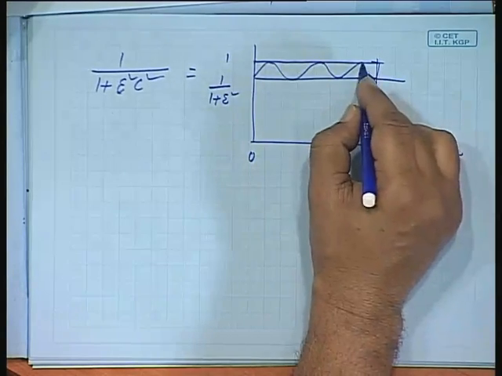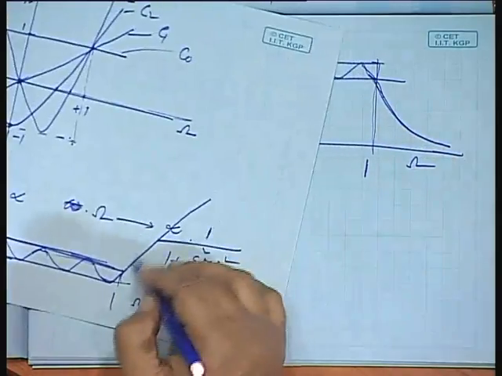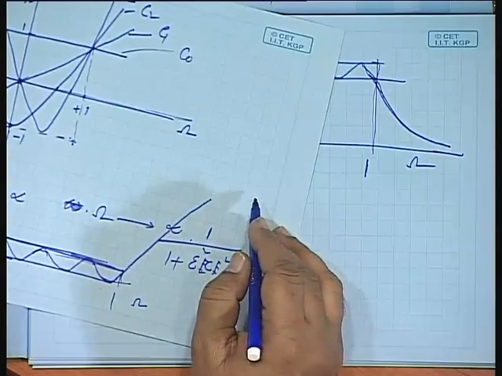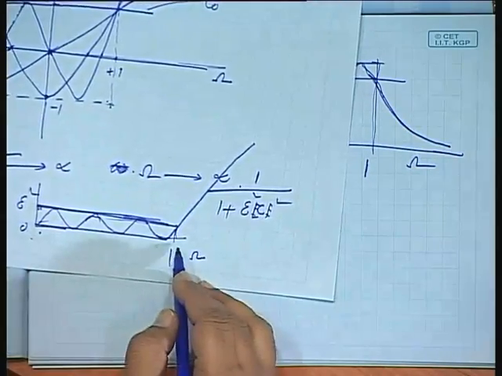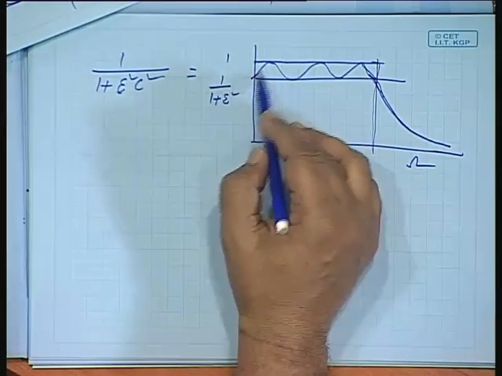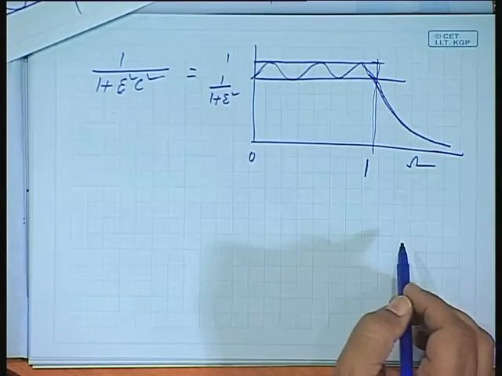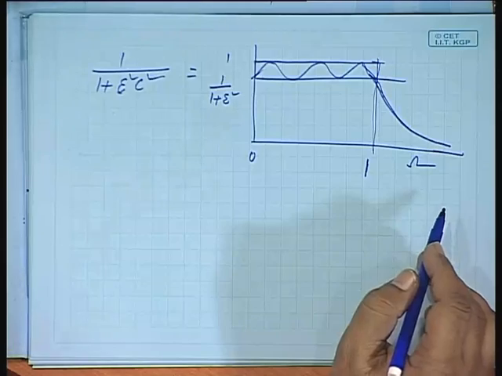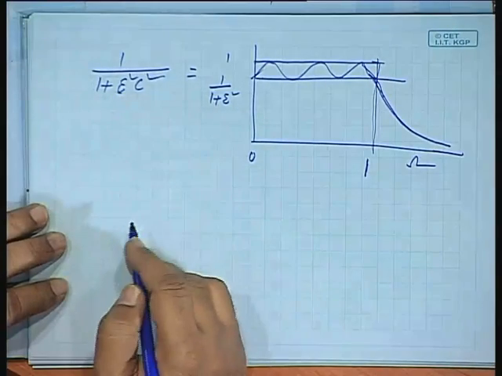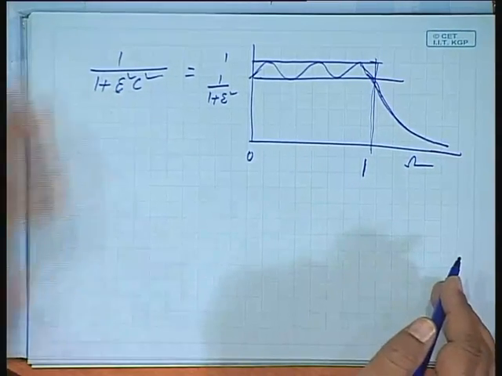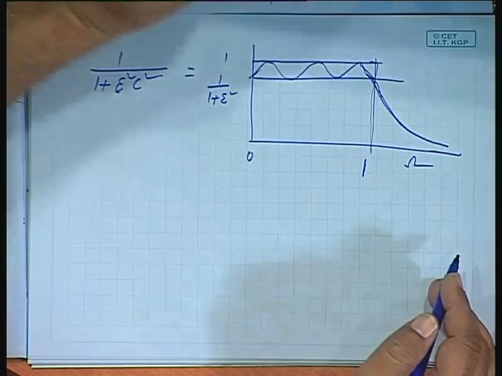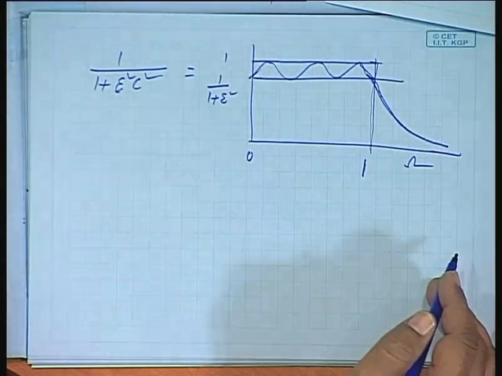This is a monotonic fall. There is no ripple here. Ripples are only between 0 and 1. So here also the ripples will be within 0 and 1. This will be the nature of variation of this function. Is that all right? So we have got a Chebyshev polynomial like this.